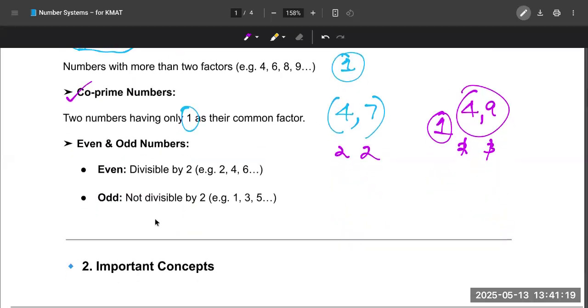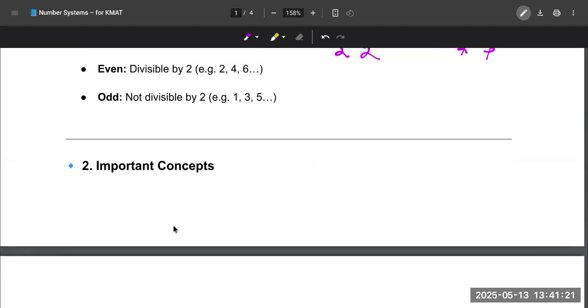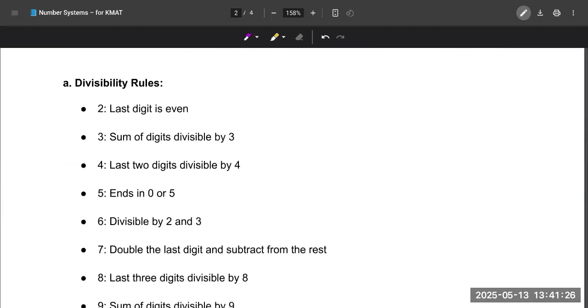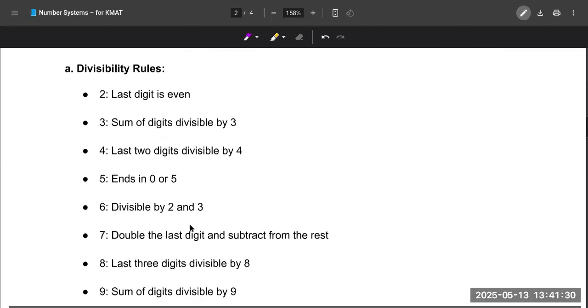Then we have even numbers and odd numbers. Sometimes the question will be about divisibility. They might give a large number and ask if that is divisible by 7 or by 8. So how do we know that?